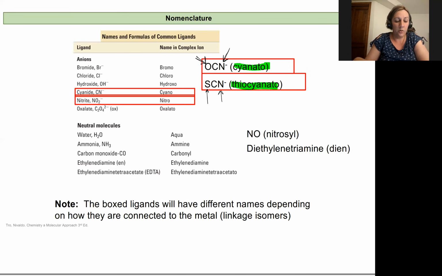Then we have our neutral molecules here for quick reference. Some ones that I added to this include nitrosyl, which we mentioned on the previous slide, and diethylene triamine, as a diene. So this is one of our tridentate ligands. We have a few other ones. We have ethylene diamine, which we'll abbreviate EN in a chemical formula, and it will be a bidentate ligand.